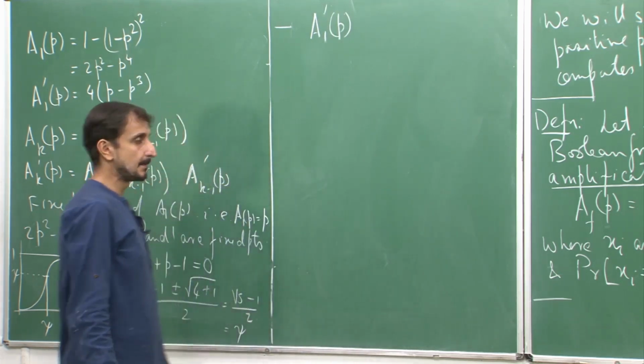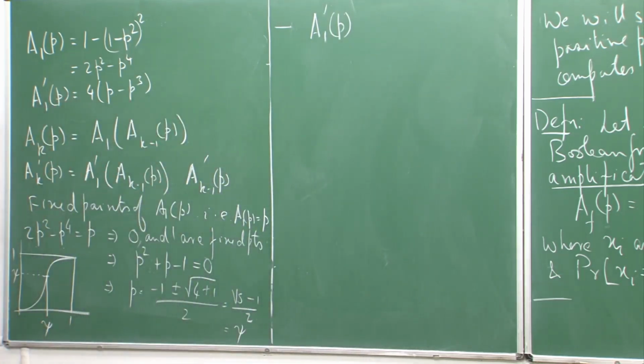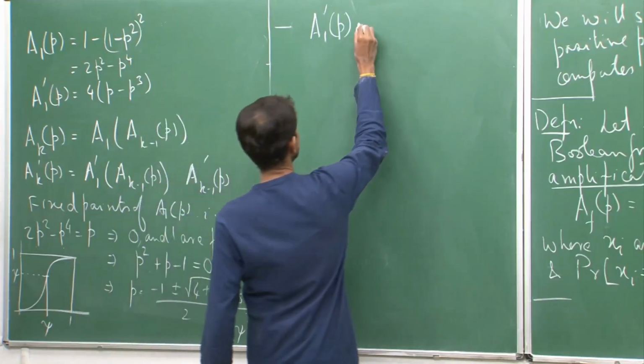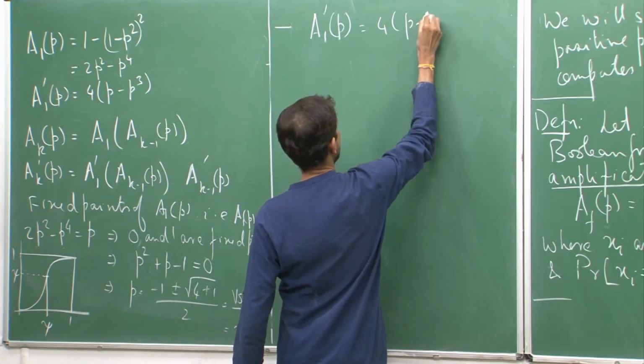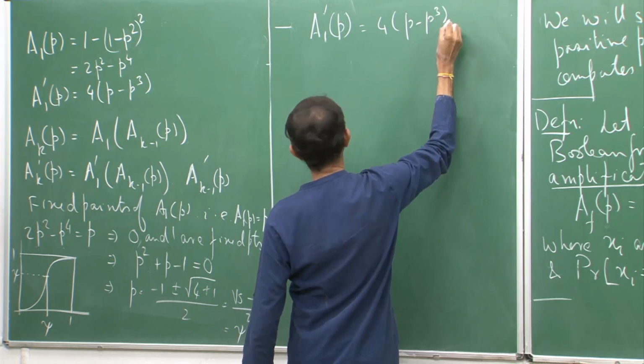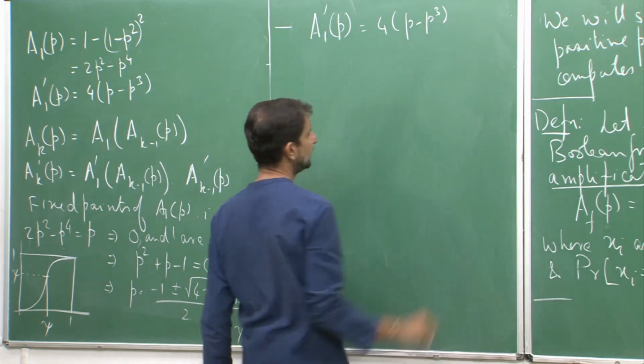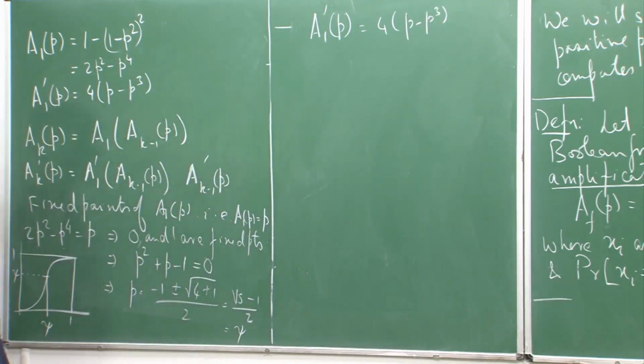Let us look at this. This is equal to 4p minus p cube. How does this look like?